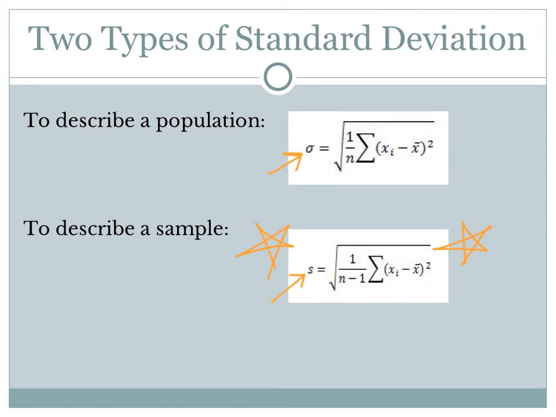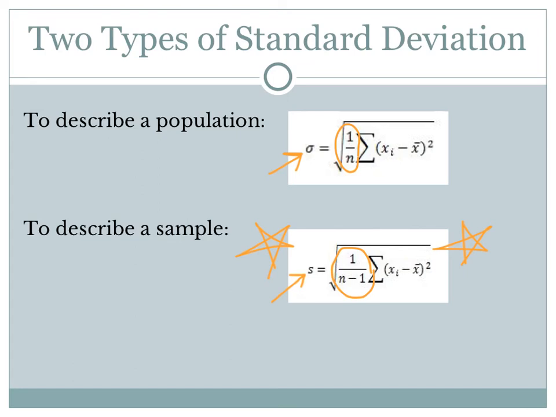The only difference between the formulas themselves is that we multiply by 1 over n in the population formula and 1 over n minus 1 in the sample formula. So again, if we knew the heights of everyone in the school, we could find the direct average of the sum of the squares, and we'd be able to report that as an accurate standard deviation.